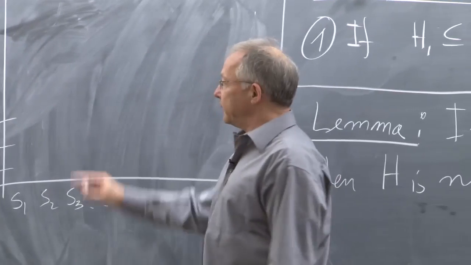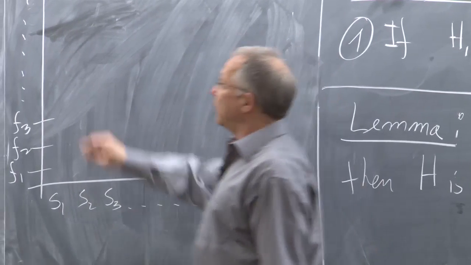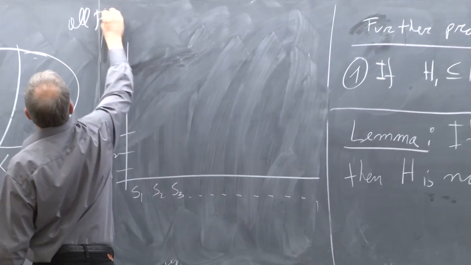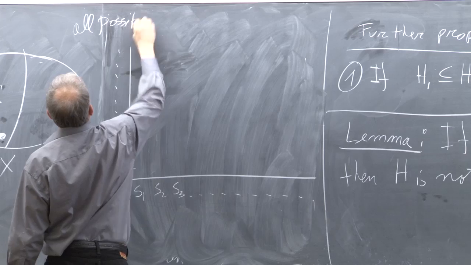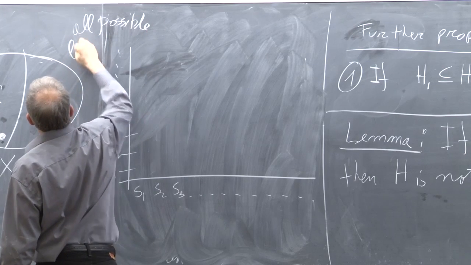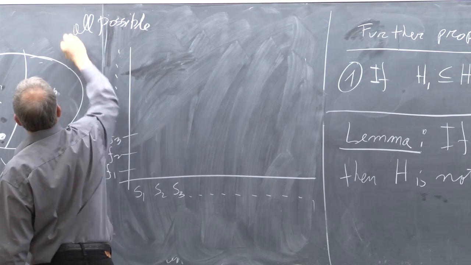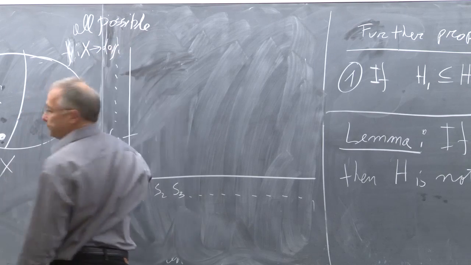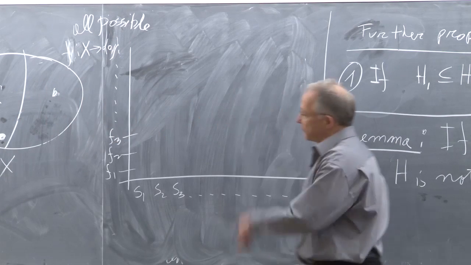So it's a very big table. All possible labelings, all possible f that goes from X to {0,1}.